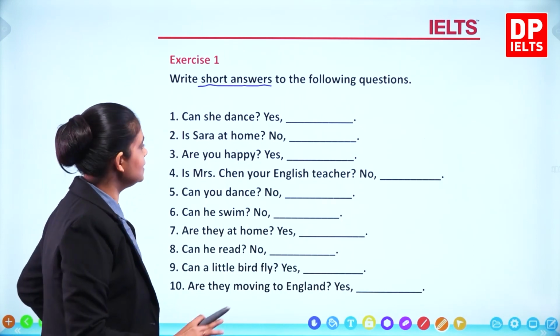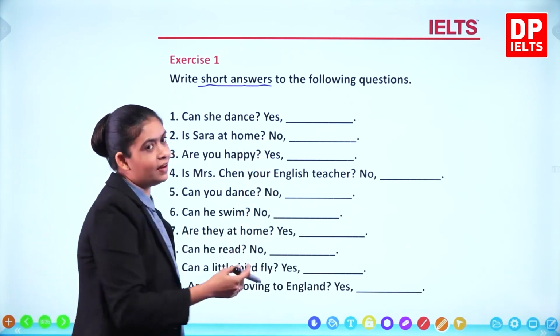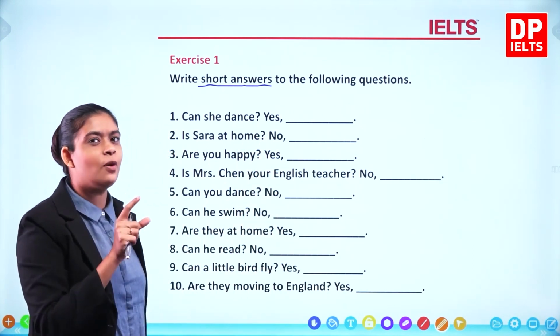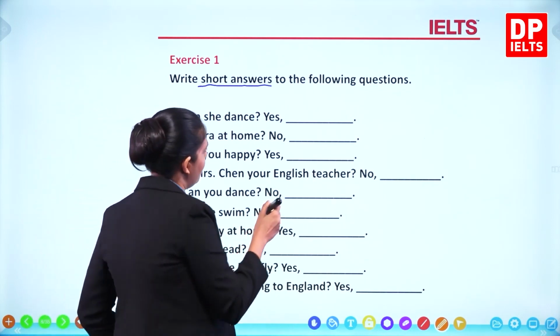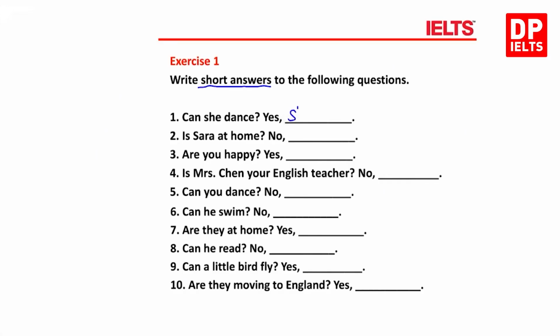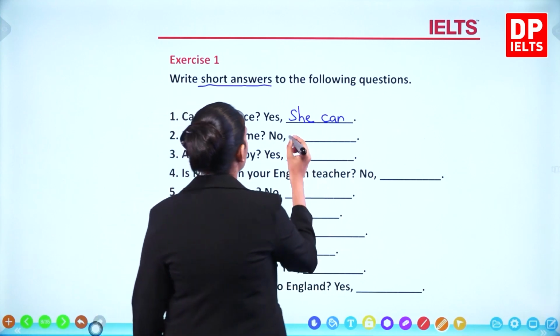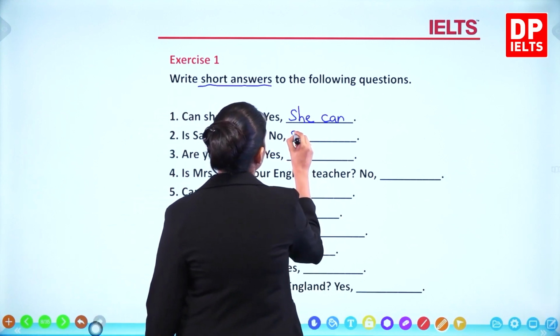So short means they have given us the answer. We write that not the shortest form but the extended version. Can she dance? Yes, she can. Positive form. Is Sarah at home? Or you can even say Sarah. Is Sarah at home? No. Negative.